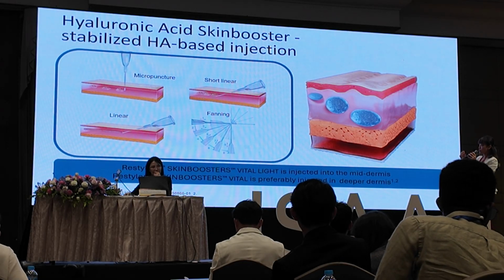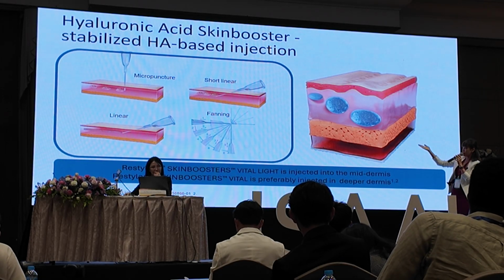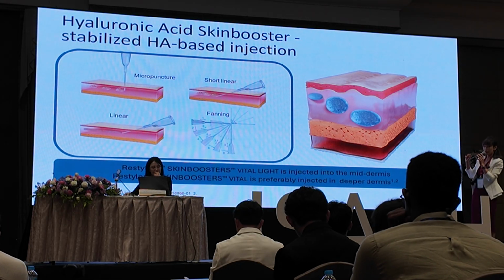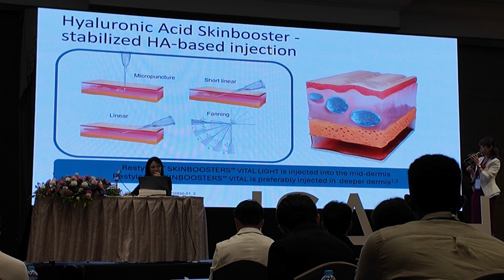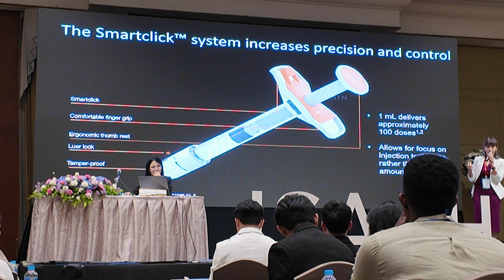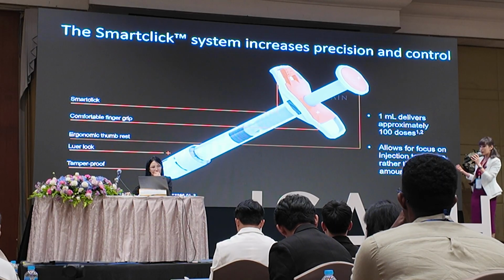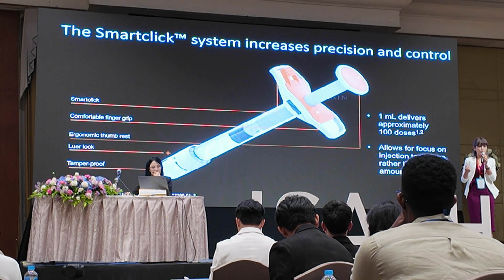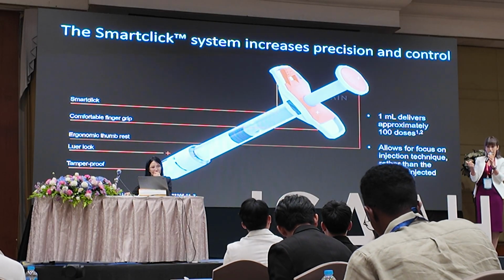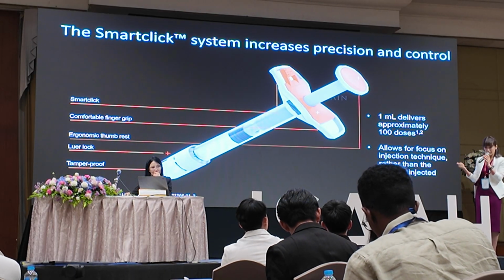So we can use the micropuncture technique, short linear or linear technique, or the fanning technique. The treatment placement will be just subdermal, very superficial. This is a smart click system. What is a smart click system? You can hear a click when we inject 0.01 mil from the syringe.